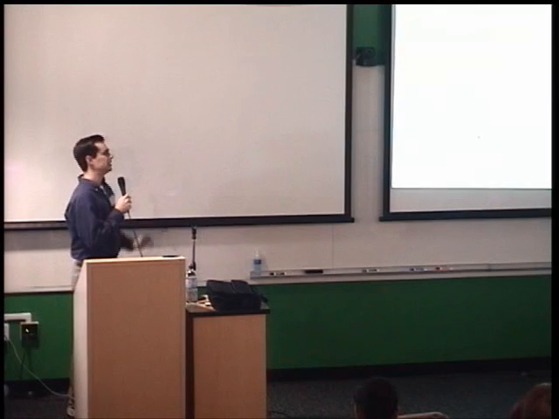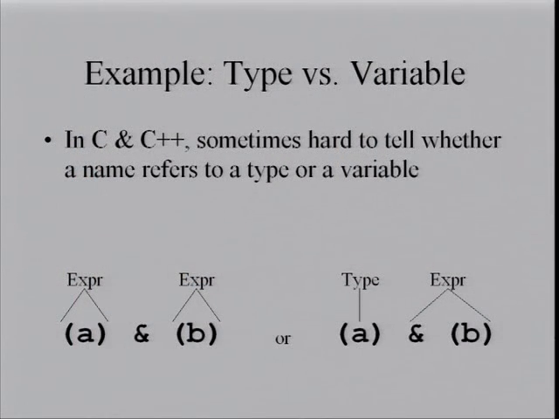This exists in C, and the way the decision is supposed to be made is that if A currently looks up in this scope to the name of a type, then this is regarded as a cast, otherwise it's a bitwise and. The usual solution in C is to do what's called the lexer hack, meaning as the lexer is lexing its tokens, it actually consults the symbol table to find out what the current scope maps a name to.